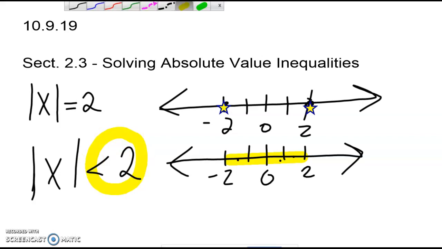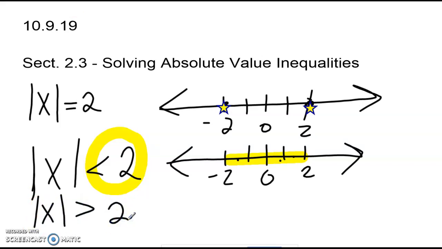So then we could say, what if we're looking at absolute value and it is greater than 2? What if our absolute value is greater than 2? That means the distance our number is from 0 is greater than 2 units.